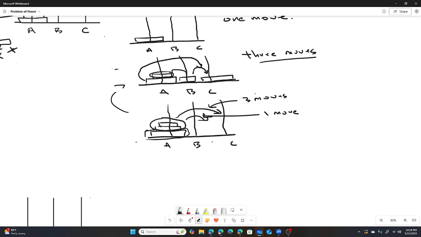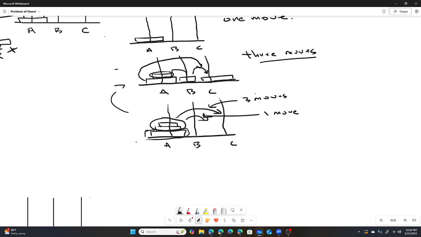So now, after 3 plus 1 moves, we have the big disk on pin B, and we have the two smaller disks, the top two disks, on pin C. Well, all we need to do is move the two disks on C back to B, right? And how many moves do we need?